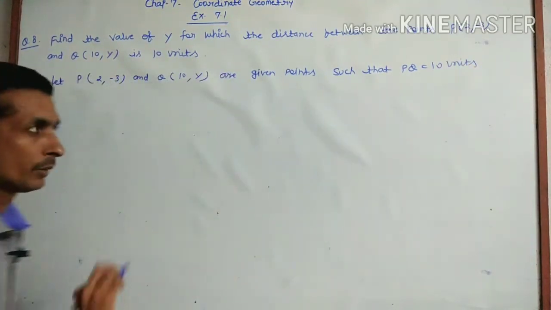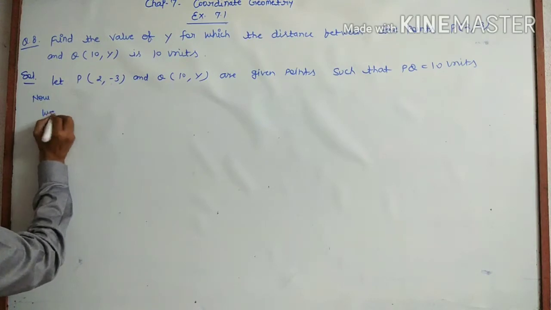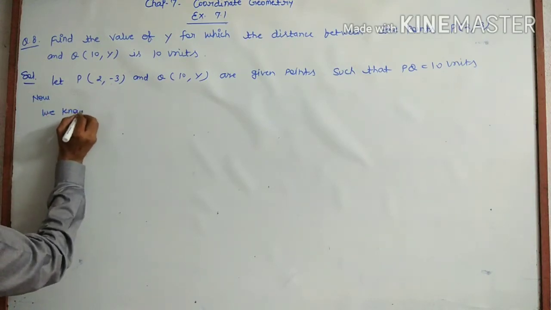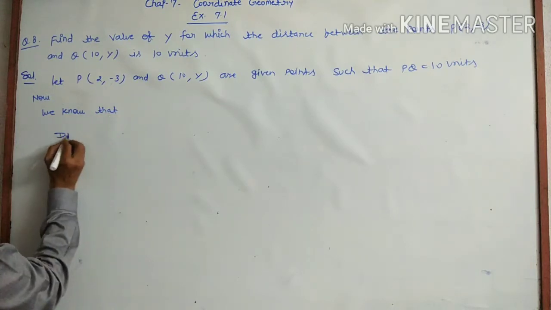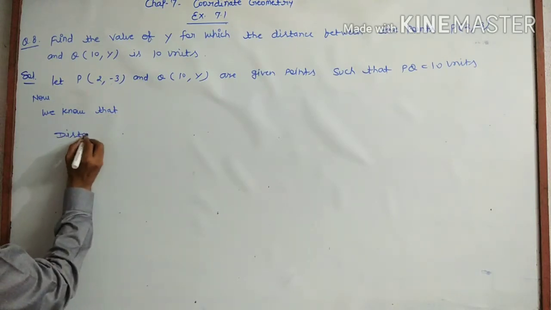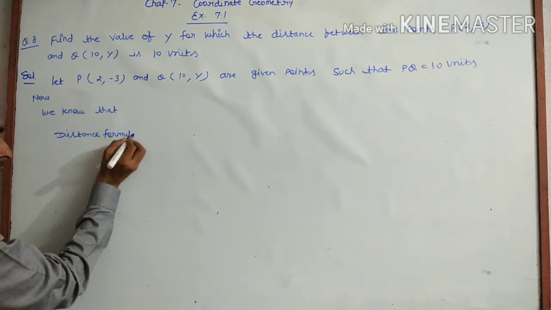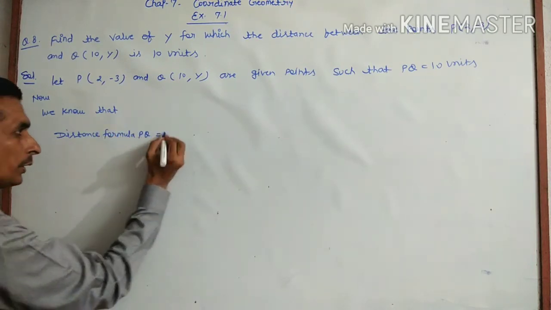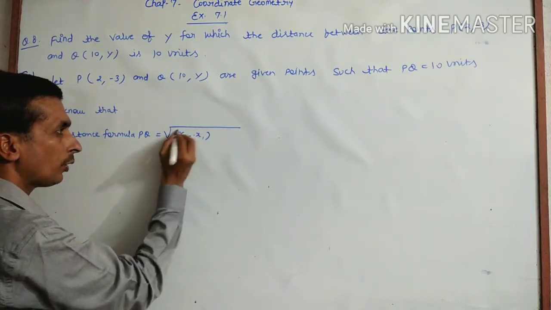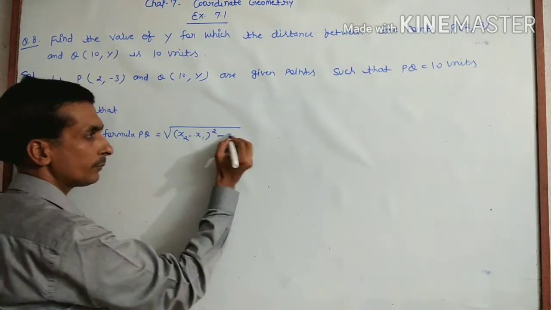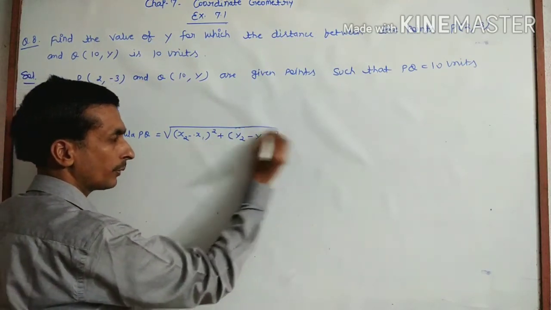This one is given. Now we know that distance formula, PQ equal to under root x2 minus x1 whole square plus y2 minus y1 whole square.